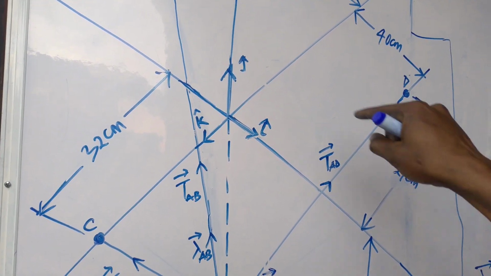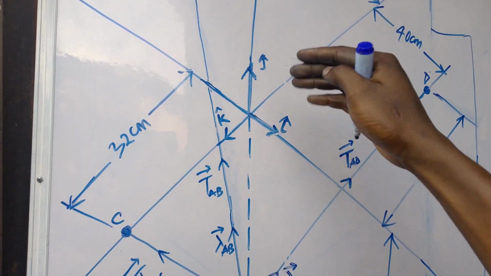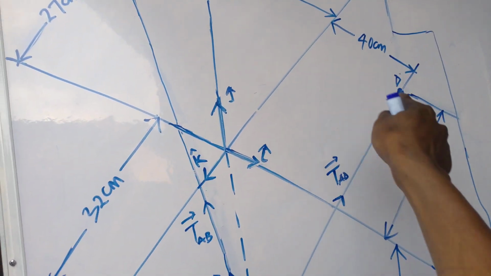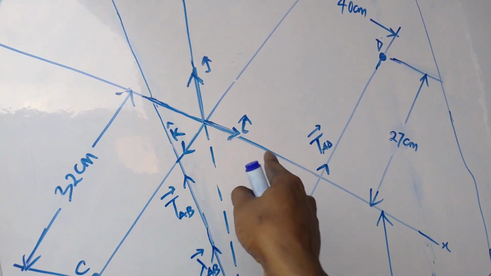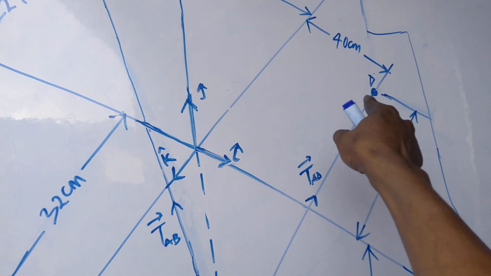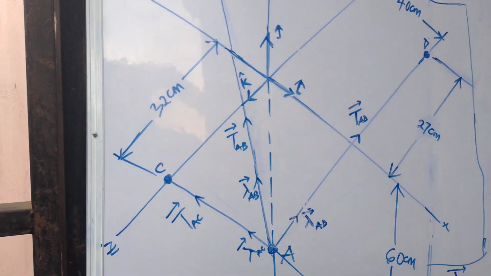If you are going opposite to the k direction, it is negative, so minus 27k. Then I come down like this, going with respect to i, plus 40i. I stop at point D. So that is it.